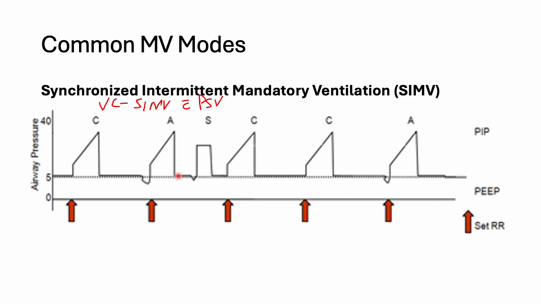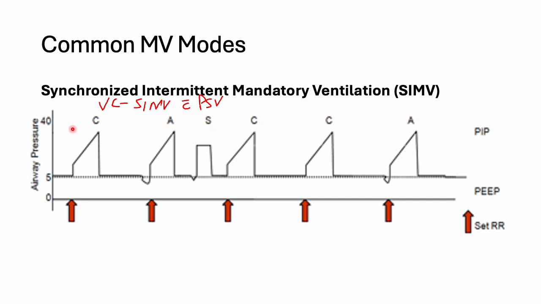In between, as the patient becomes more and more awake, they take a spontaneous breath. They trigger a little bit of negative pressure to trigger the machine, then pressure support is delivered. So this breath is a spontaneous breath labeled S, and so on and so forth.